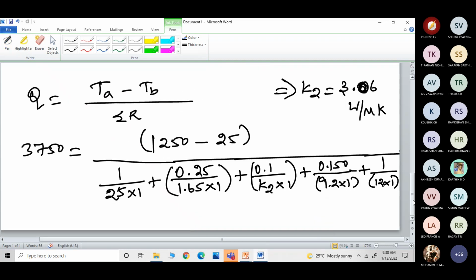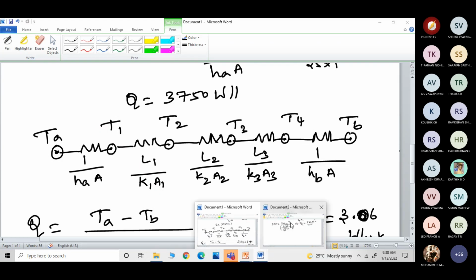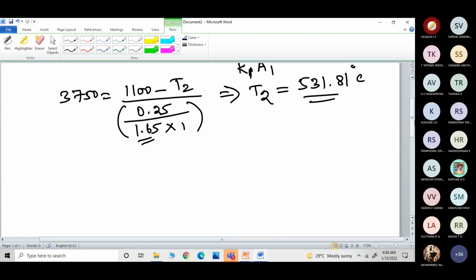Take the second resistance. Now we have got T2. Q equal to T2 minus T3 divided by L2 by K2 A2. Now you have to write like this: Q equal to T2 minus T3 divided by L2 divided by K2 A2.